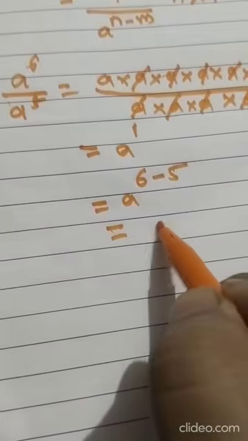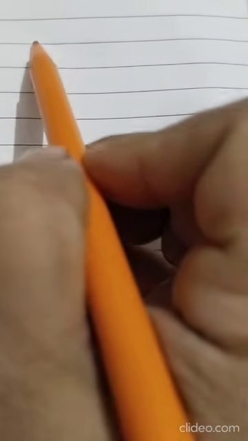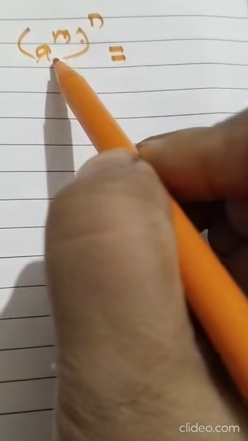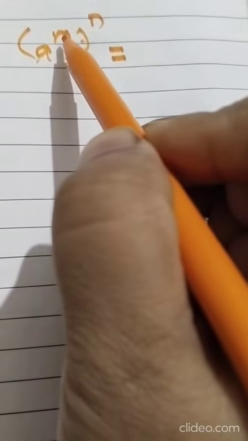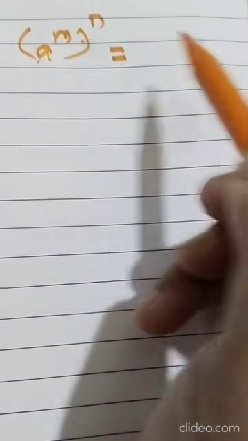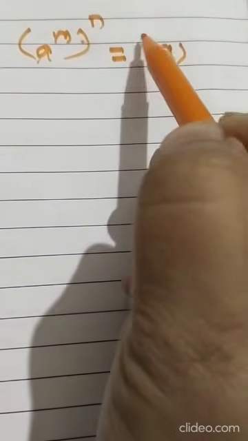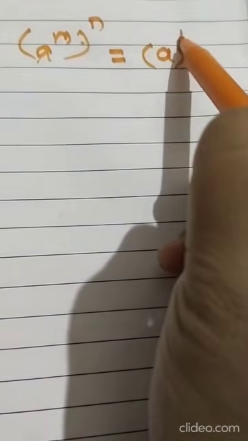In today's video, we will discuss the power rule, which is when an exponent is raised to a certain power. Here, a certain base is raised to a certain power and this whole exponent is again raised to a power, then the base remains the same but their powers get multiplied.